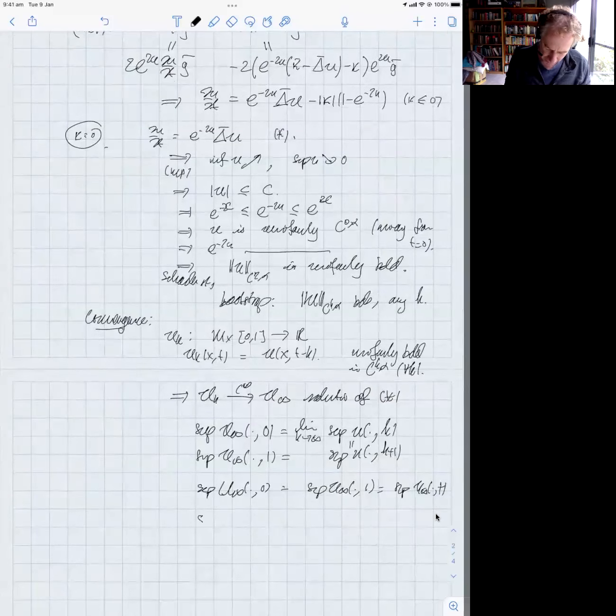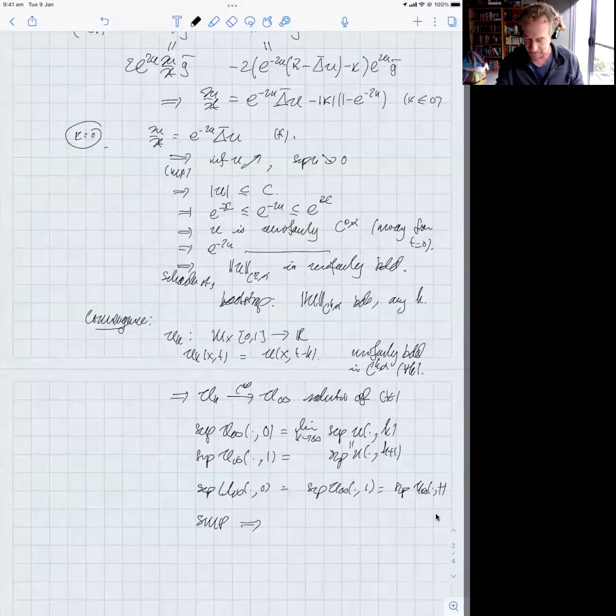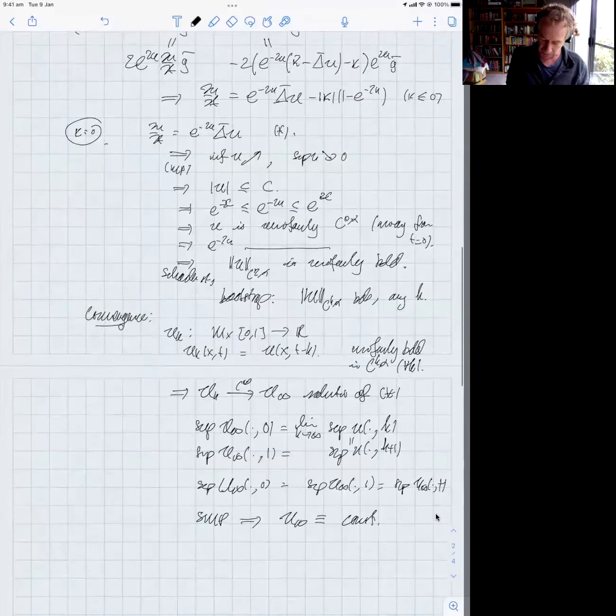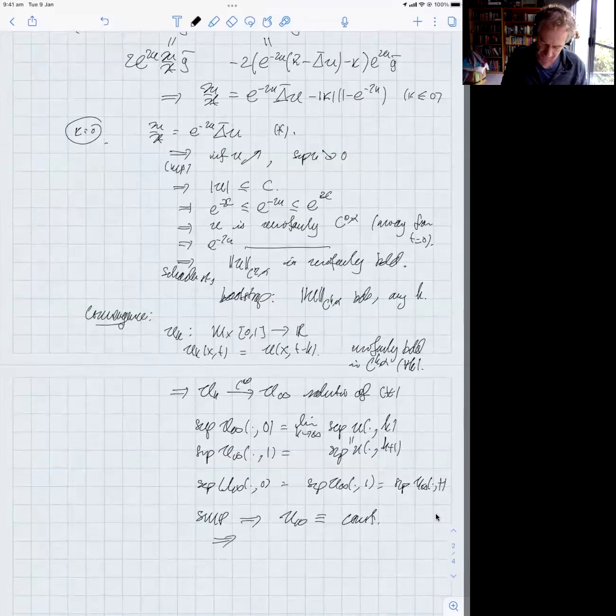But the strong maximum principle tells me that the only way that the sup can be non-strictly decreasing is if u infinity is actually equal to a constant. Okay. So what that argument tells us is this subsequence converges to something which is constant, but that also tells me that the limit as k goes to infinity of sup u_k is u infinity, and now I can do the same argument using the infs.